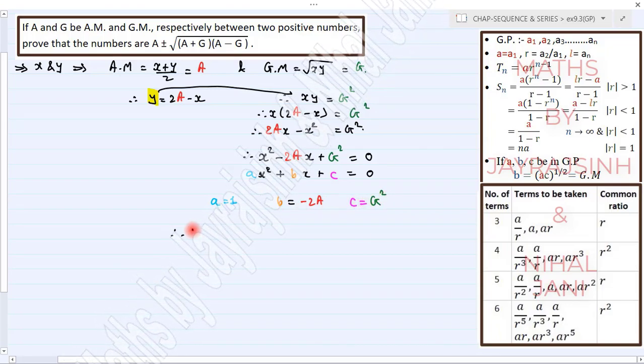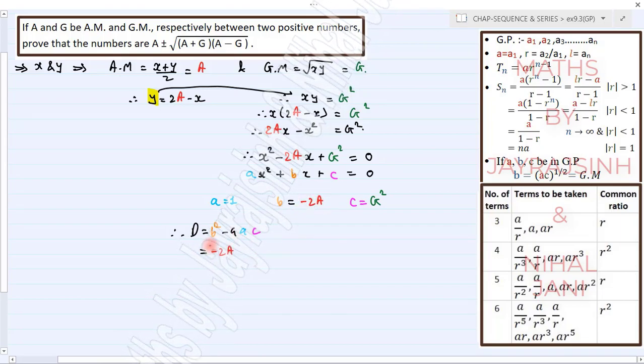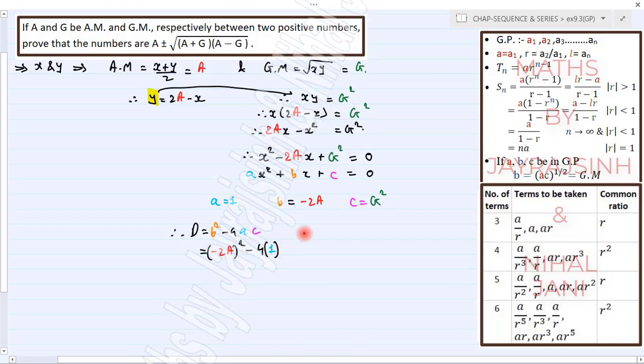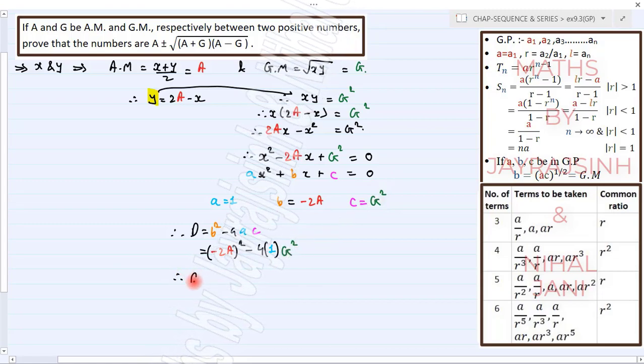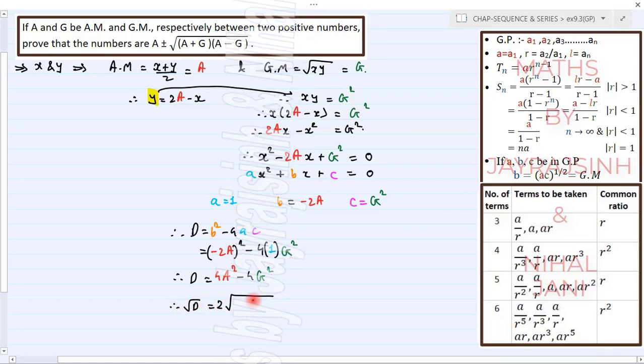To get the solution, we find the discriminant, which is b square minus 4ac, where b is minus 2A, a is 1 and c is G square. So the discriminant is equal to 4A square minus 4 times G square, or we can take root D is equal to 2 times under root of A square minus G square.